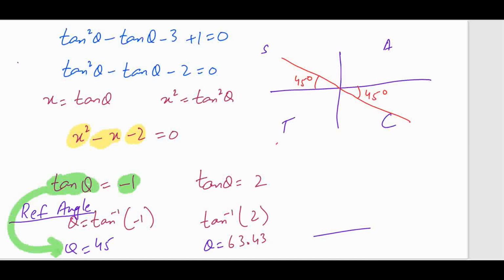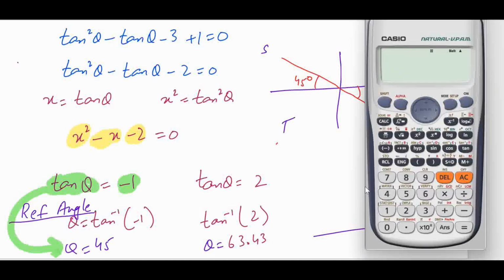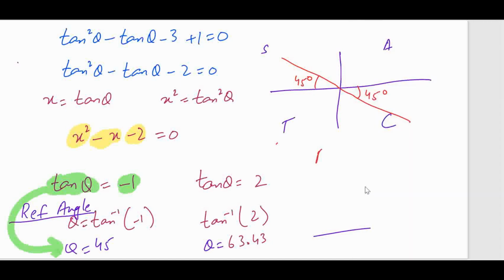One will be theta equal to 180 minus 45, because we have to see this angle. This will be 135 degrees, and the other one will be 360 minus 45, so this will be 315.